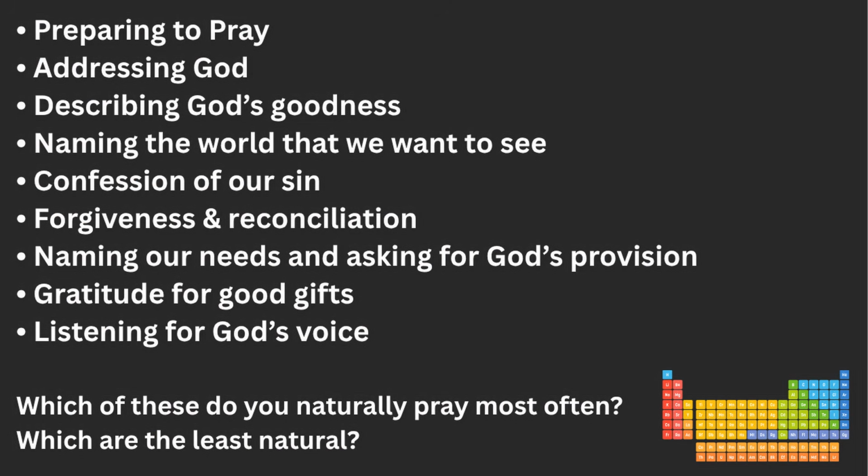There are a lot of elements of prayer we have covered: preparing to pray, addressing God, describing God's goodness, remembering God's faithfulness, naming the world that we want to see, confession of our sin as individuals and a community, forgiveness and reconciliation, naming our needs and asking for God's provision, material, psychological, and spiritual, gratitude for good gifts, listening for God's voice. Which of these do you naturally pray most often? Which are the least natural? Pause and discuss.